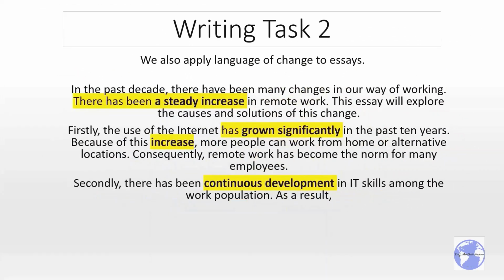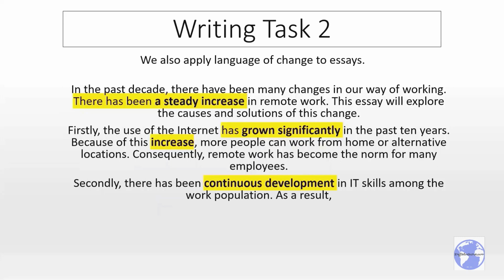In writing task 2, as I mentioned earlier, we do apply language of change. So let's take a look at this text and see how we've used language of change. In the past decade, there have been many changes in our way of working. There has been a steady increase in remote work. This essay will explore the causes and solutions of this change.